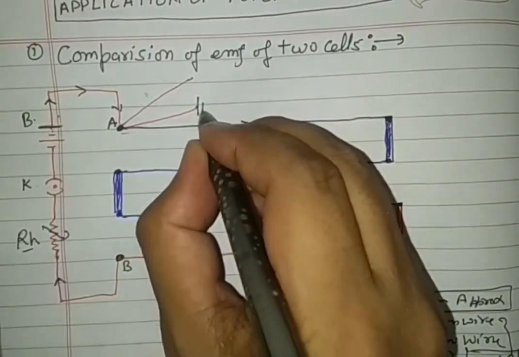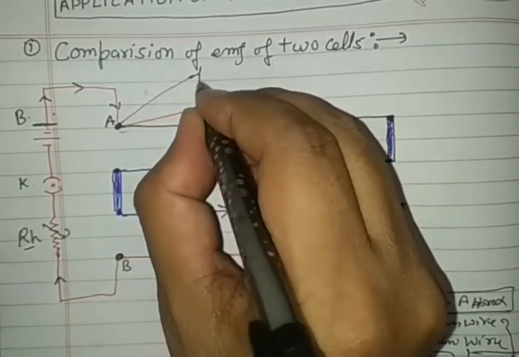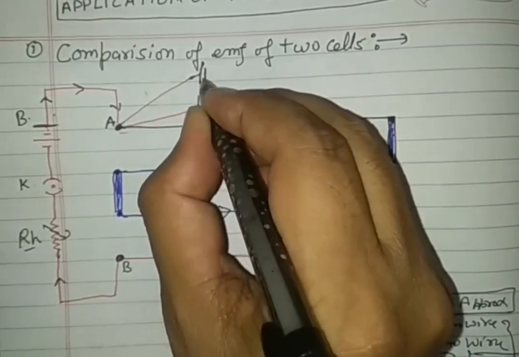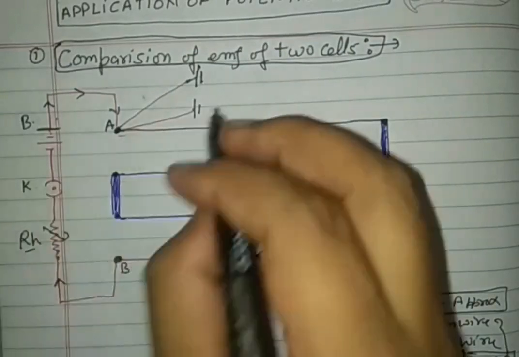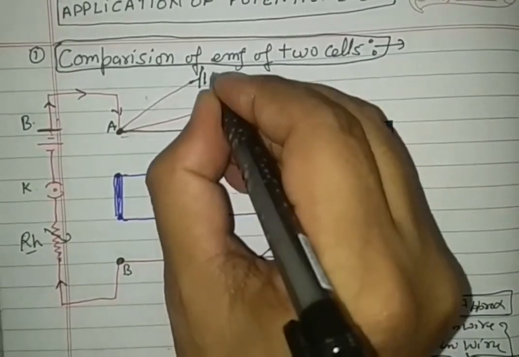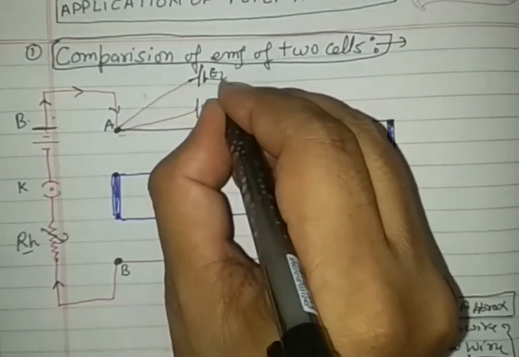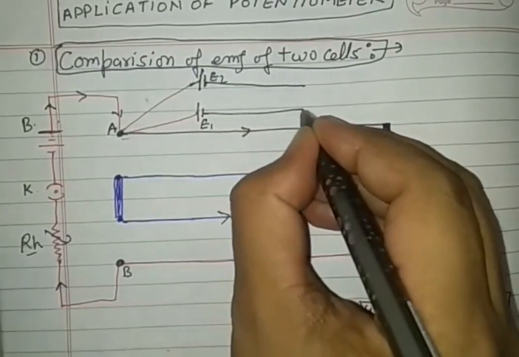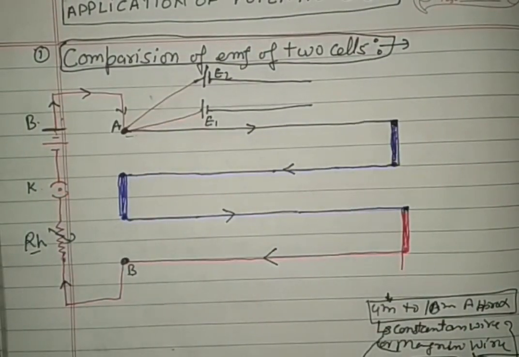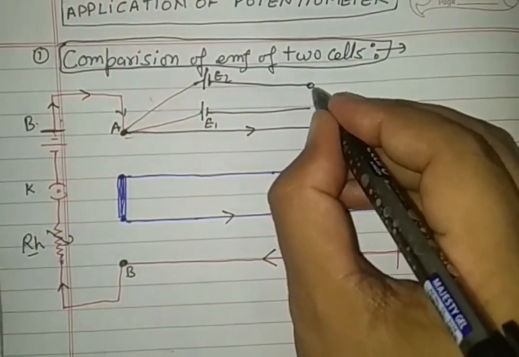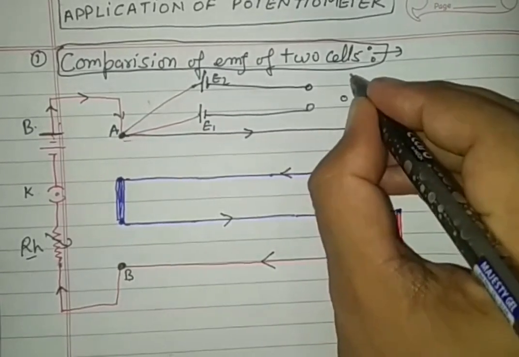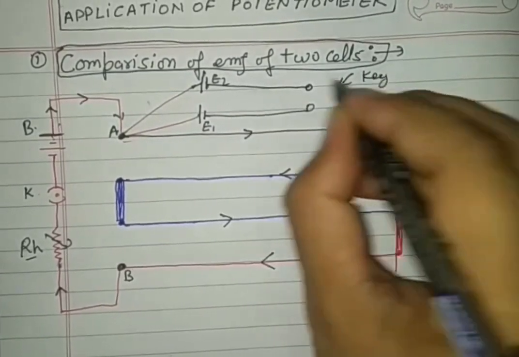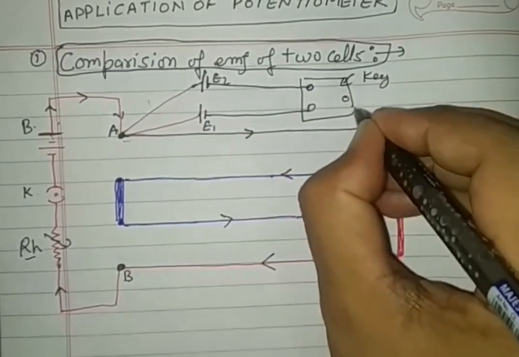We are going to use two cells whose EMFs are to be determined and compared in this experiment. The object of the experiment which we are going to fulfill: let one EMF be E1 and the other EMF be E2. The second terminal of it is connected here to a two-way key, a key of this shape.